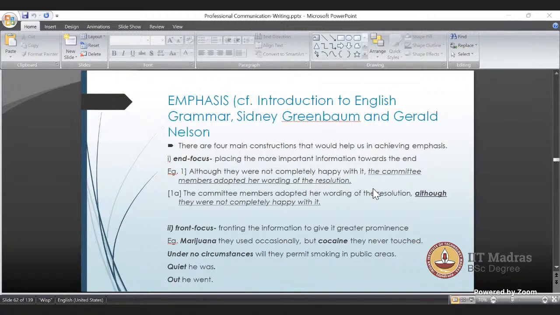In the previous part, in the end focus within the sentence, you're not going to play around with the sentence structure. Everything is intact and in place. All you did is that the part you wanted to emphasize, the clause that you want to emphasize, you put towards the end. But in case you just have a small sentence like this, out he went, what you're basically doing is you're bringing the object, whatever occupies the object position, that part and the verb.